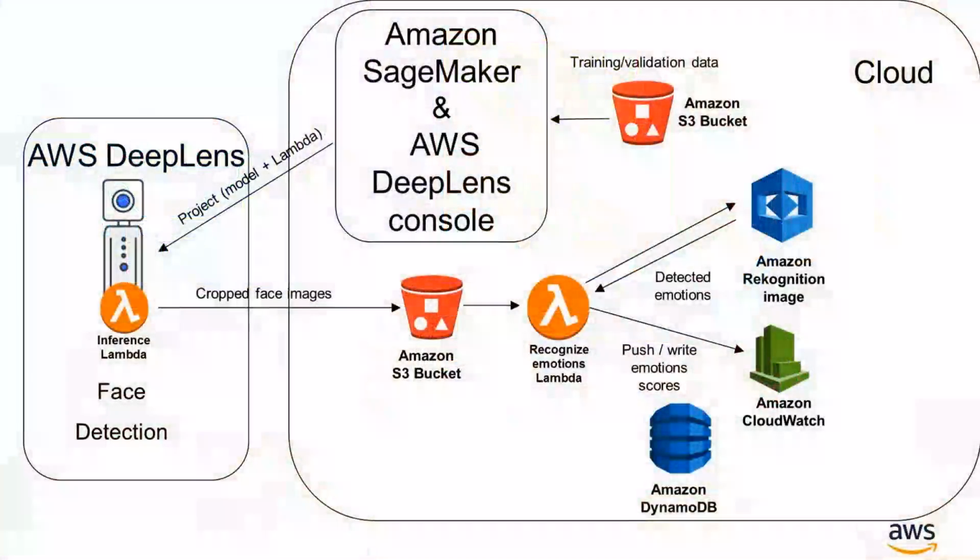So by using face detection on the edge, we're effectively leveraging this machine learning model as a gating function. So now we only push things up to AWS once we've actually detected a face, and then we only invoke Rekognition on the crop of that face itself, rather than the rest of the image. So edge inference here allows us to be more efficient in our bandwidth consumption and our API calls.